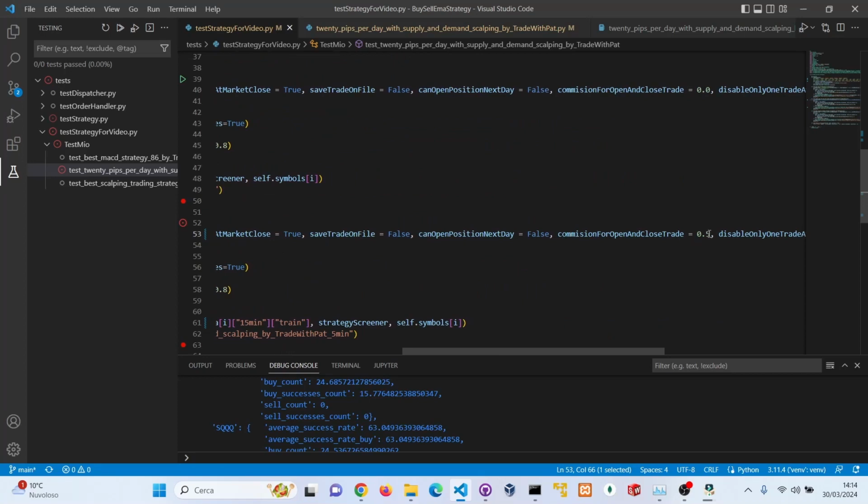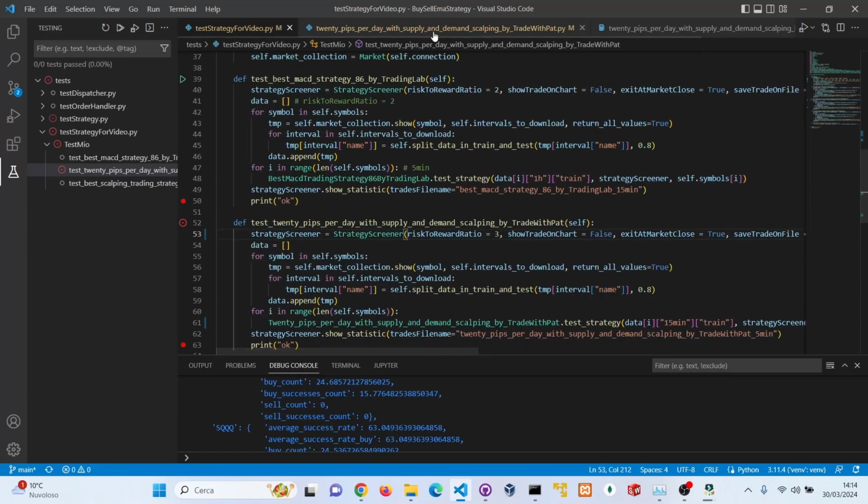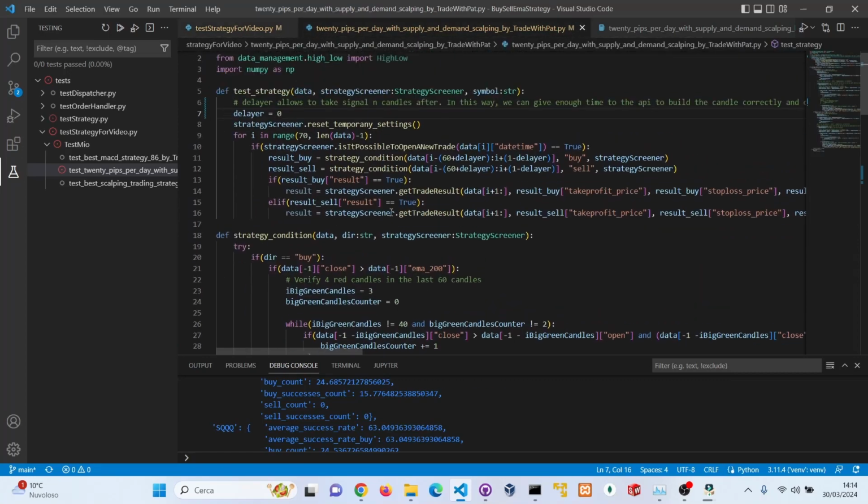I have added 0.5 dollars of commissions for each trade. I will risk $10 for each trade, so basically I will subtract $5 from my account for each trade. Those are the basic conditions.